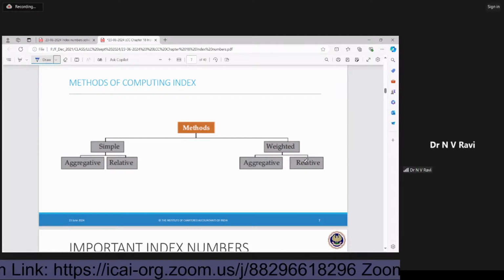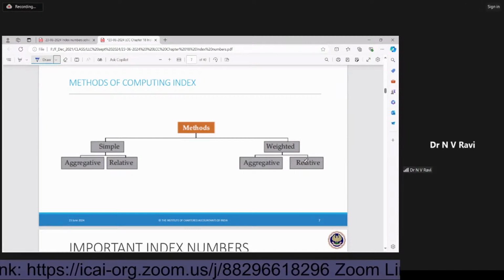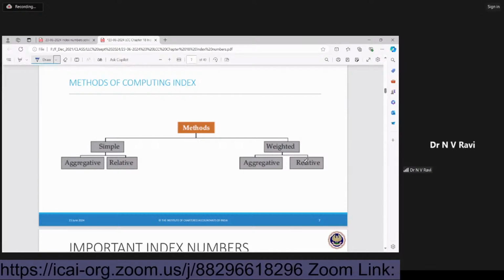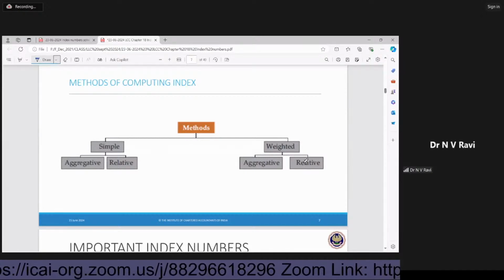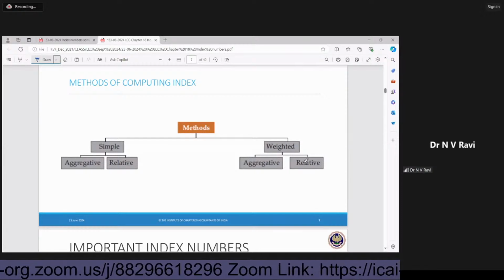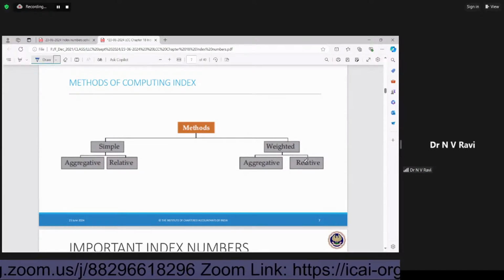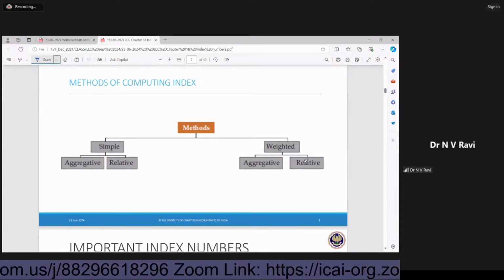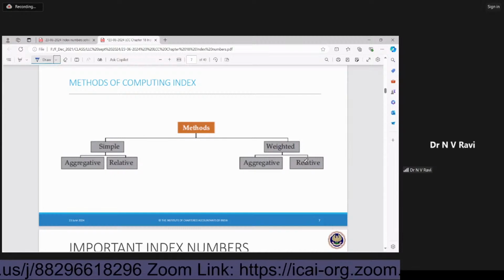Next one is Paasche's index number. It takes current year quantities as weights, that is summation of Pn Qn by summation of P0 Qn into 100. Next one is the Marshall-Edgeworth index number.